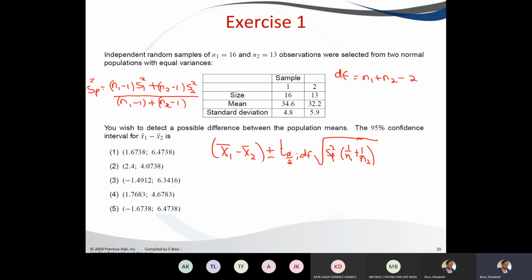So your alpha at 95%, you will have to find your alpha at 0.05 and your degrees of freedom. I'm giving you 5 minutes and then we'll come back. If you have the answer already, you can share with us on the group and then we can come back and do it together.